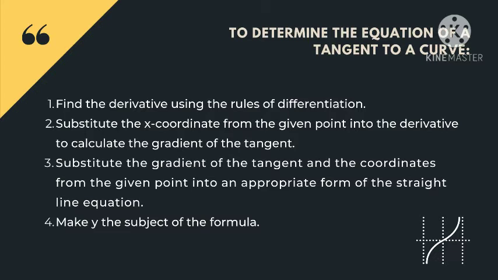Step 1, find the derivative using the rules of differentiation. And then step 2, substitute the x coordinate from the given point into the derivative to calculate the gradient of the tangent.